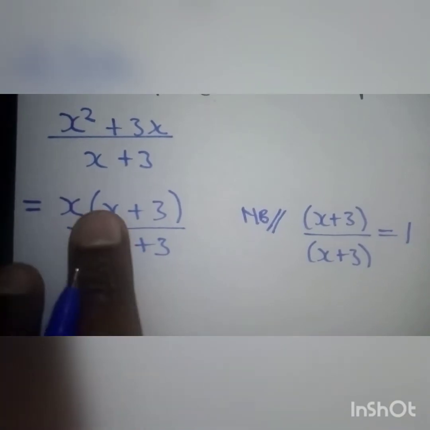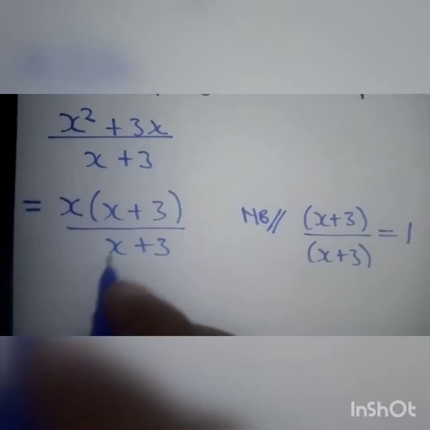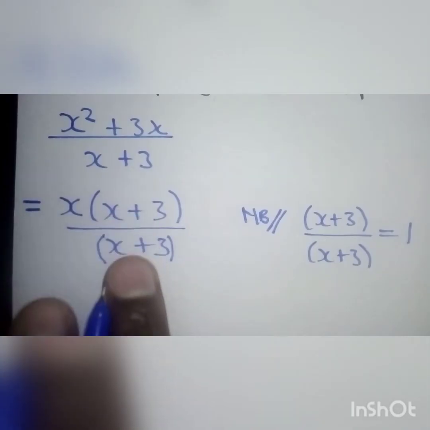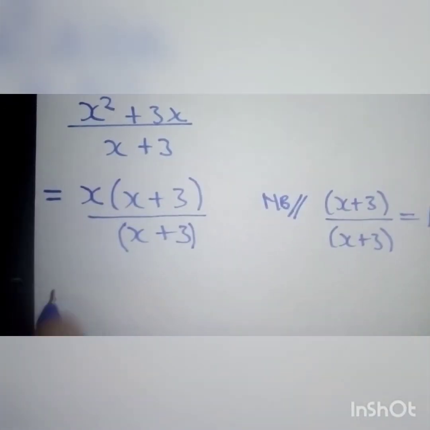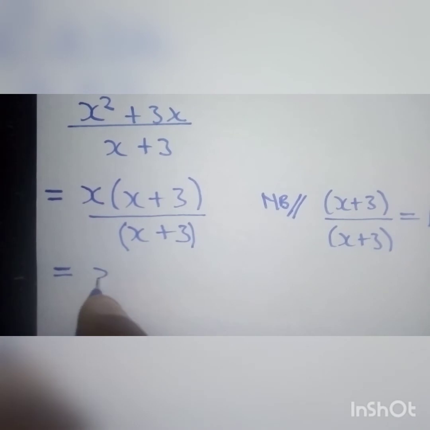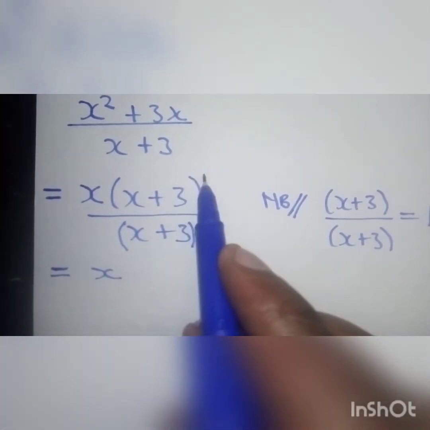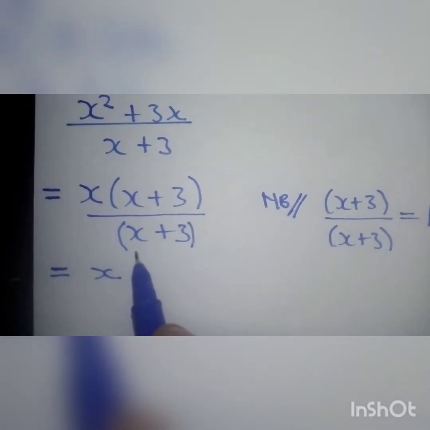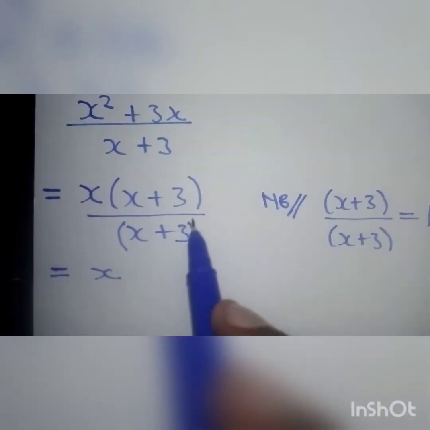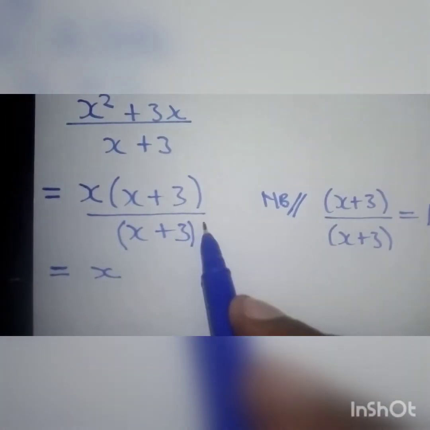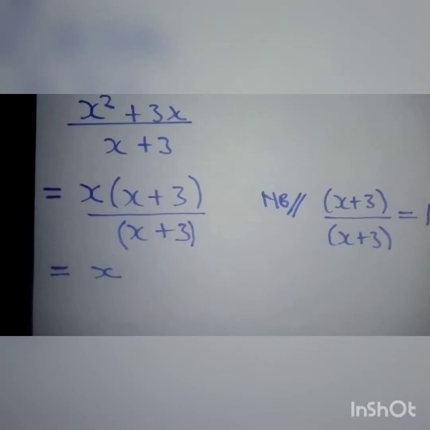So if x plus 3 divided by x plus 3 is equals to 1, then 1 multiplied by x will give us x. This is our final answer. Some of you prefer to cancel this expression, but when you cancel them, don't cancel as if you are crushing your answers. Just put a light line.